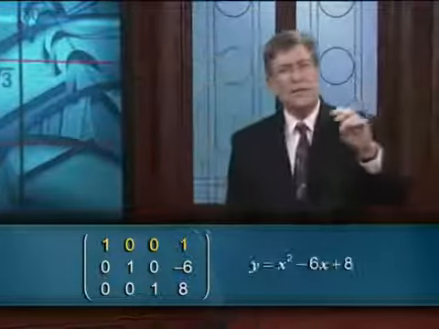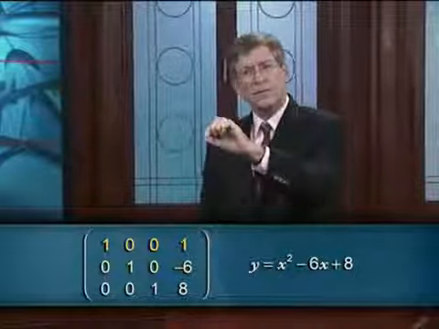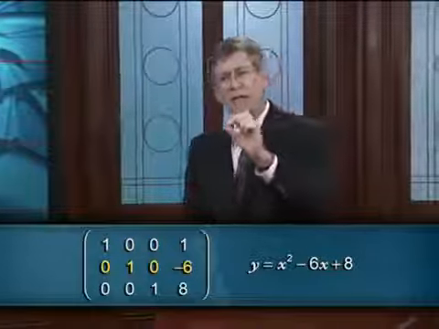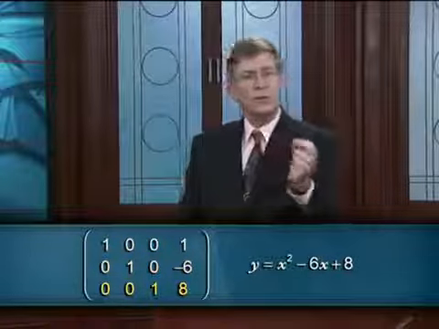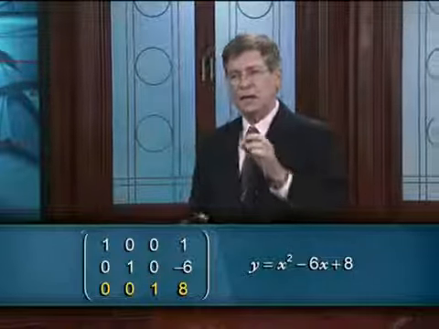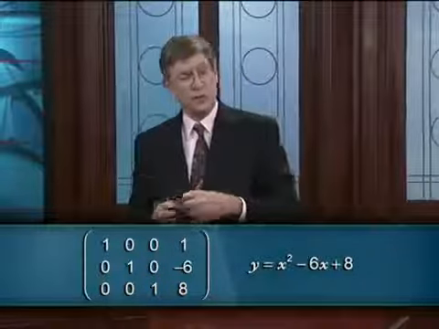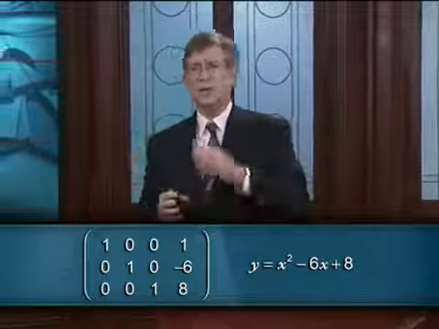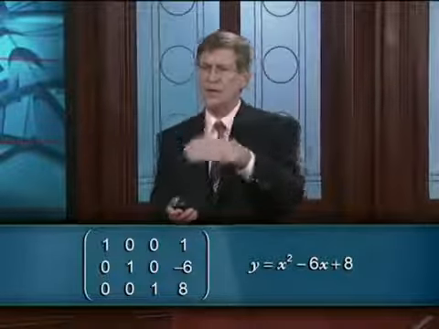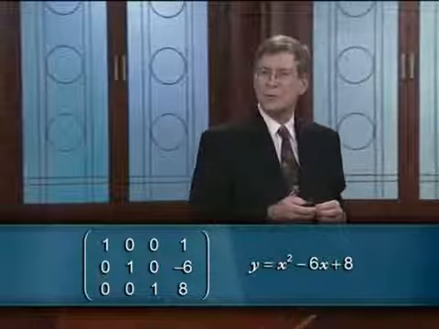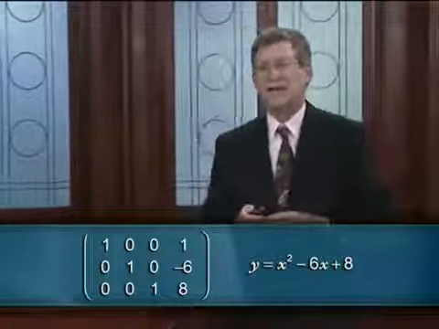Now remember how you read these. From the previous lecture, the fourth column of that matrix are the constants, and the first row means a equals 1, and the second row means b equals -6, and the third row is c equals 8. So that's the solution. It's a unique solution in this case. a is 1, b is -6, c is 8. So our parabola is x squared minus 6x plus 8.